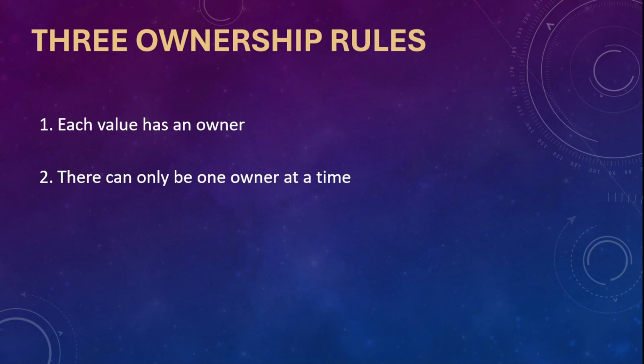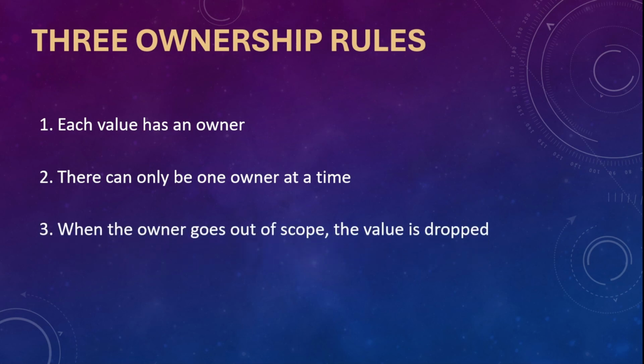Means that for any value in your Rust code base, only one owner at a time of that value will exist. There will not be two or more owners at that instant. Third is that when the owner goes out of scope, the value is dropped. With these three rules, the ownership system in Rust works.